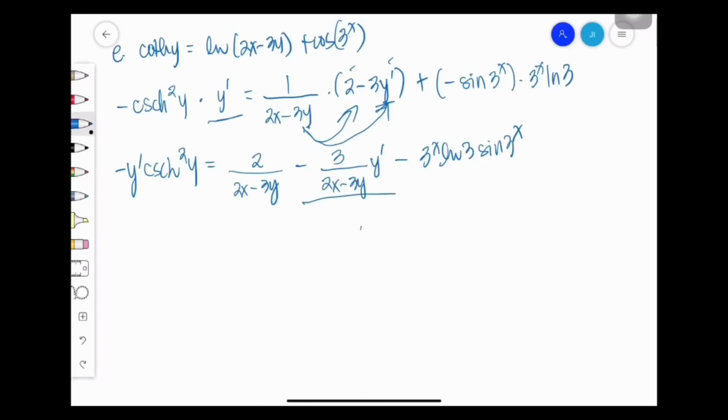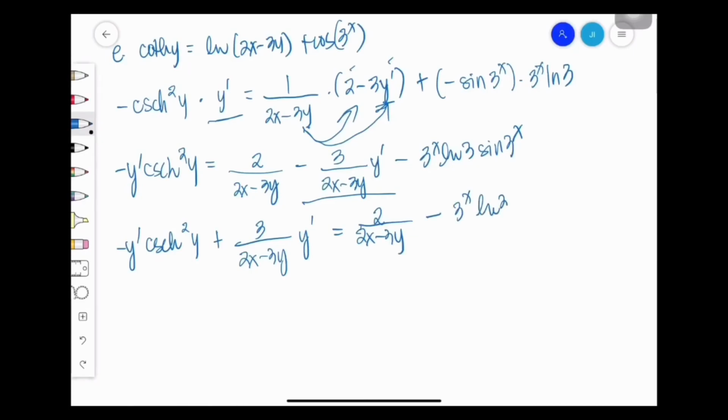Transposing this term to the other side, we'll have negative y prime hyperbolic cosecant squared y plus 3 over 2x minus 3y y prime equals 2 over 2x minus 3y minus 3 to the x ln 3 sine 3 to the x.